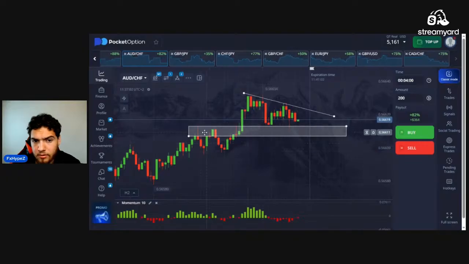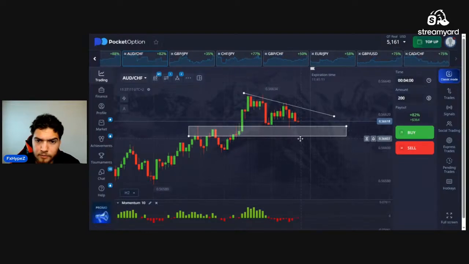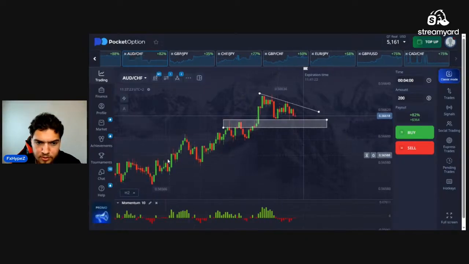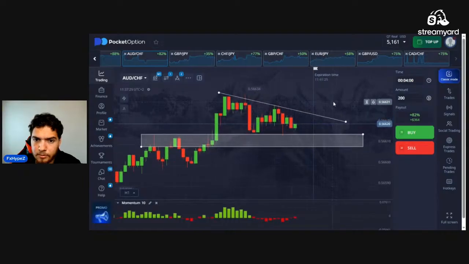Respect of this support zone is very, very important. If price breaks through it, we're moving on. This is basically like our safety net, you know. If price respects support here, that's going to give me confidence that we're going to bounce. You know what I mean? And with this bullish momentum to the upside, it's looking pretty convincing.